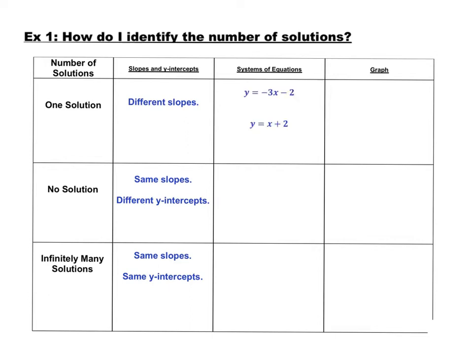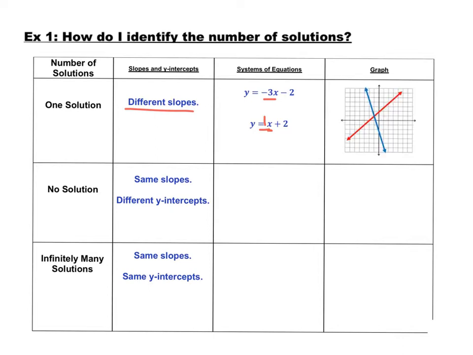So you have these two equations, y is equal to negative 3x minus 2, and y is equal to 1x plus 2. Notice, we have different slopes: here we have a negative 3 slope, and here we have a 1. Let's take a look at what that looks like on the graph.